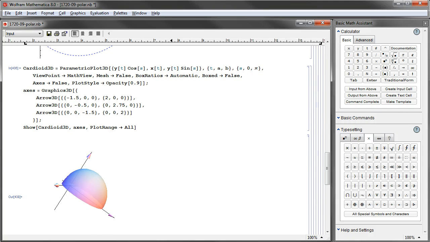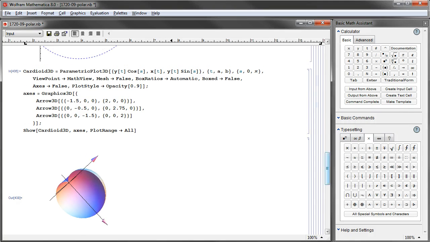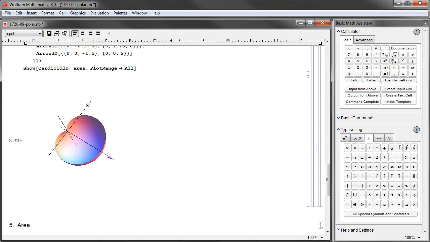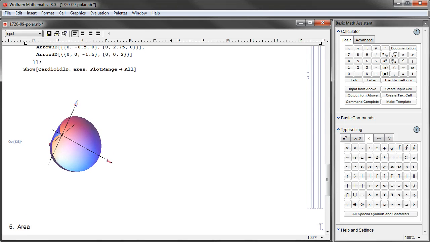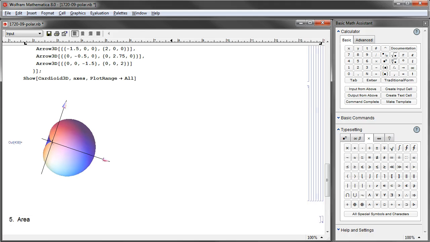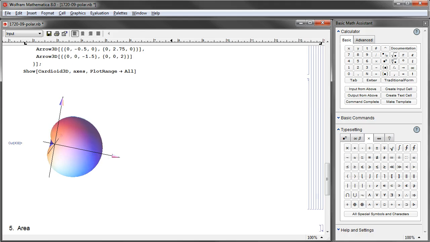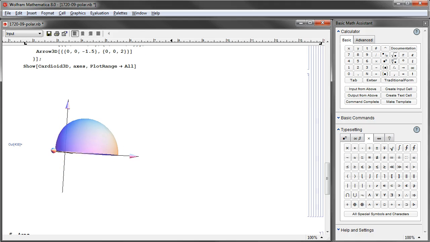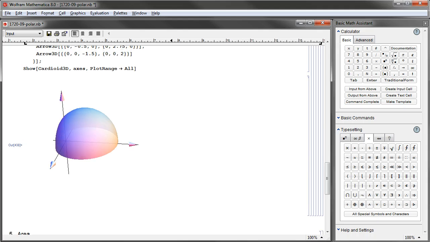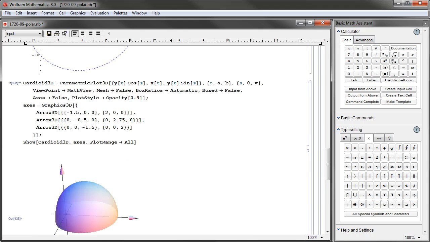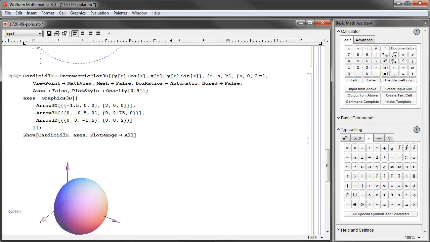The top kind of looks like a dome, but if you look from behind, from below, then you have a cardioid shape forming here, and kind of like this. Of course, you can go back to 2 pi.